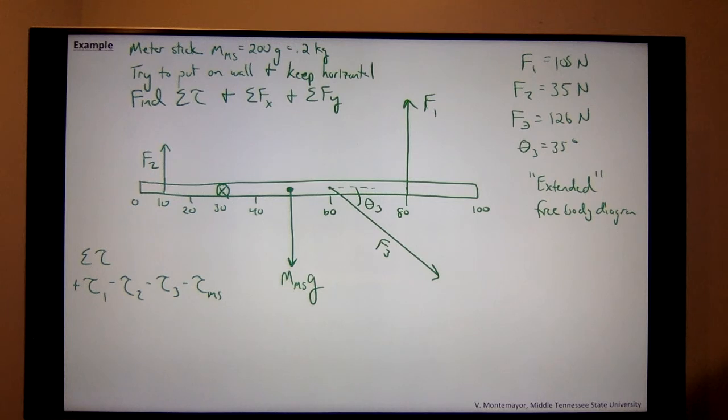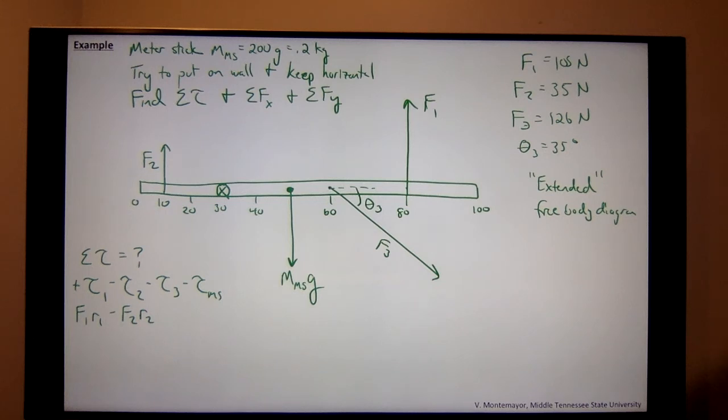Okay? And we're just trying to find what these all add up to. We don't know anything about the right side of that equation yet. All right? So let's see. Each one of these is force times R perp. So we've got some numbers here. I'm going to call the R perps R1, R2, R3, and R meter stick just to keep things simple. So this one is going to be force 1, R1. This one will be force 2, R2.